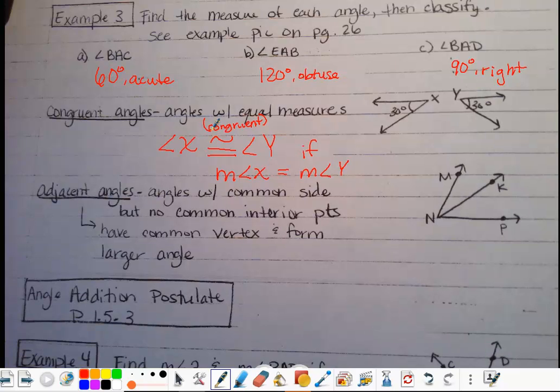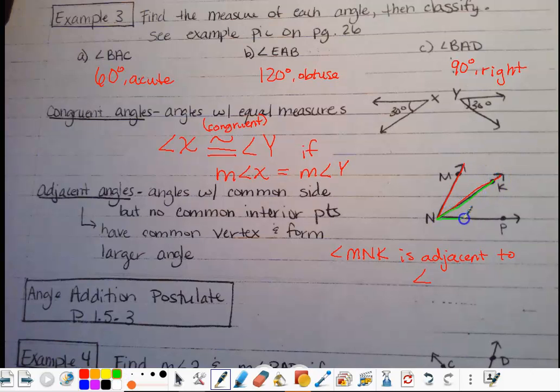All right. Then adjacent angles are angles with a common side, but they have no common interior points. So here's the thing. They're going to have a common vertex, and they're going to form a larger angle. So here, angle MNK is adjacent to angle KNP.